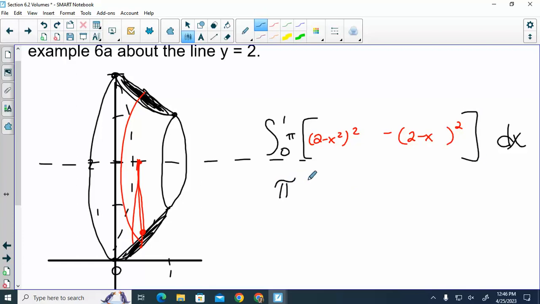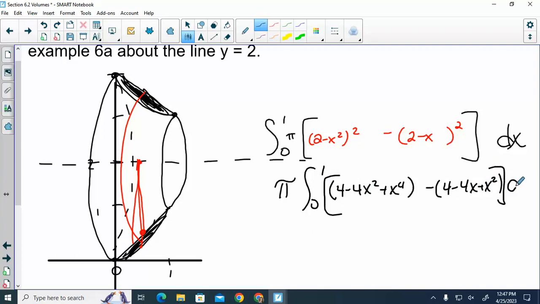I'm going to pull out my pi, and then I'm going to FOIL each of these. We distribute the negative and combine like terms.